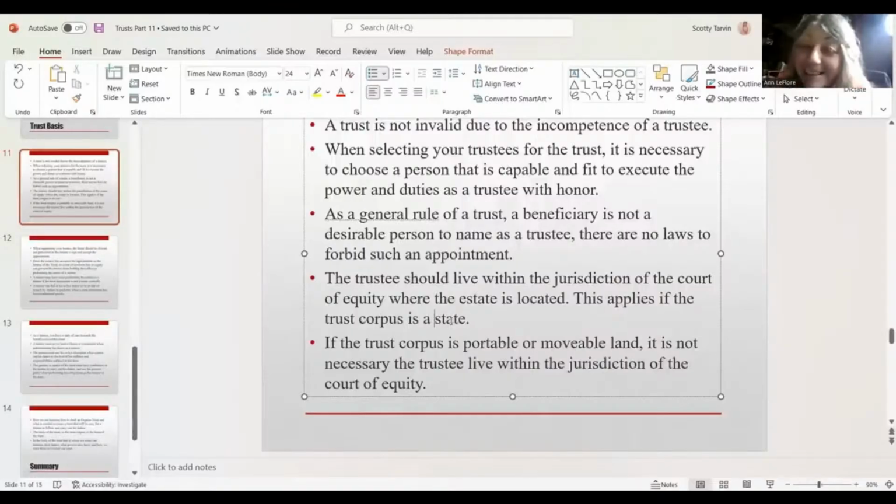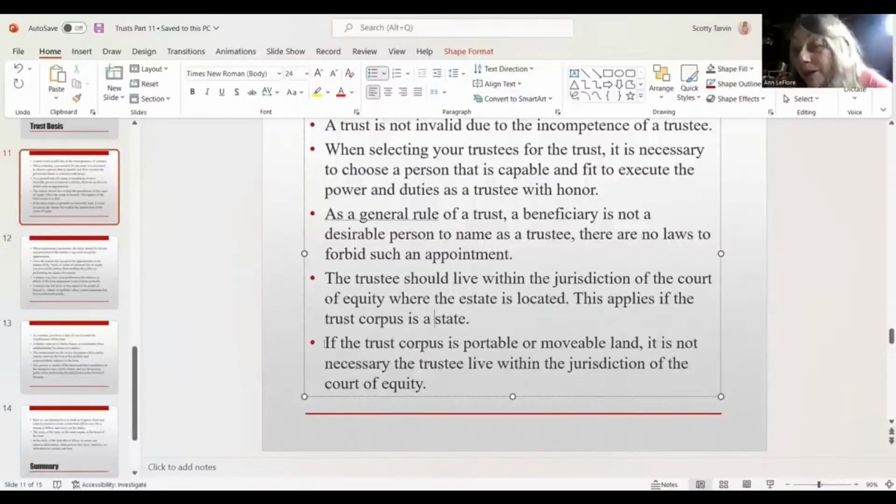If the trust corpus is portable or movable land, it is not necessary the trustee live within the jurisdiction of the court of equity.